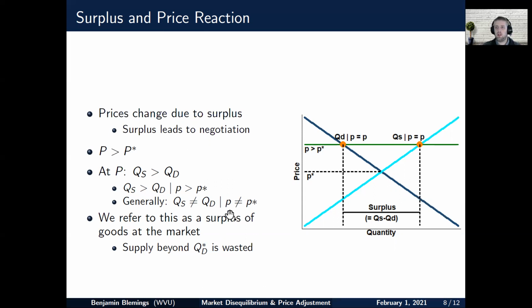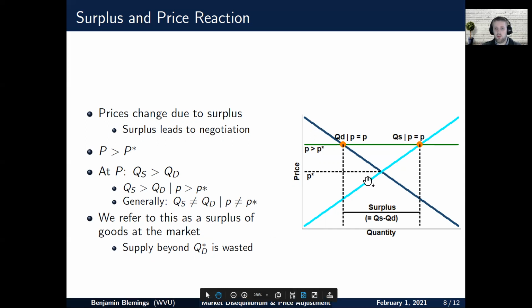Because sellers can fetch such a high price compared to what their cost is, they're oversupplying relative to the equilibrium. And because the price is so high, buyers don't want to buy as much relative to the equilibrium. And so in general, quantity supplied will not equal quantity demanded unless P equals P star.